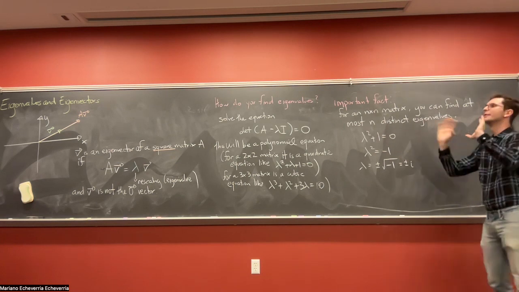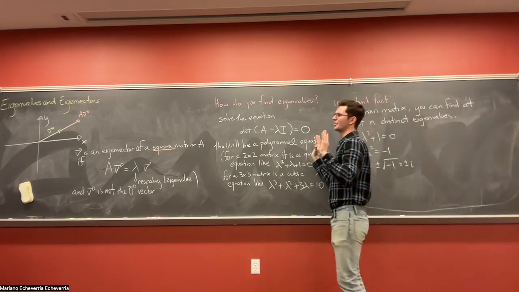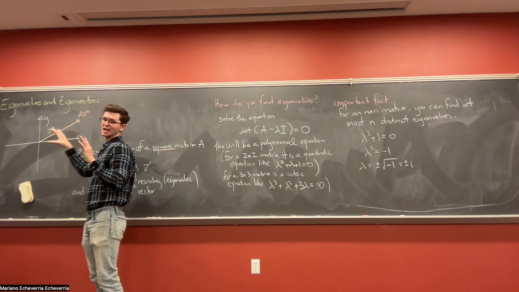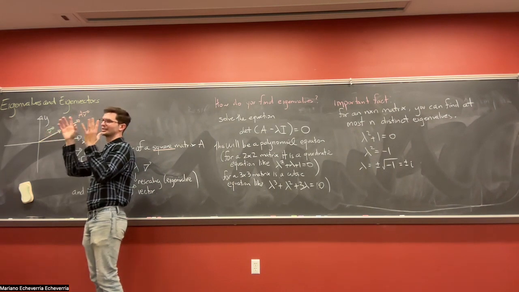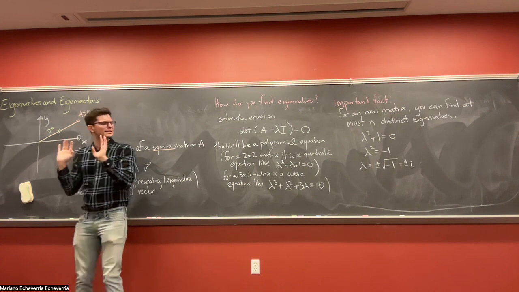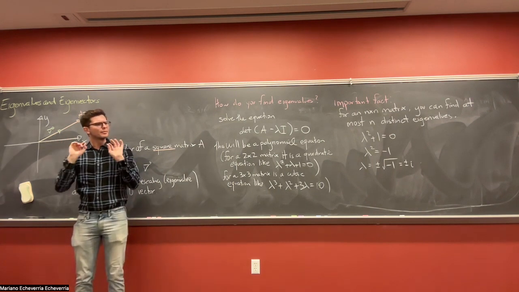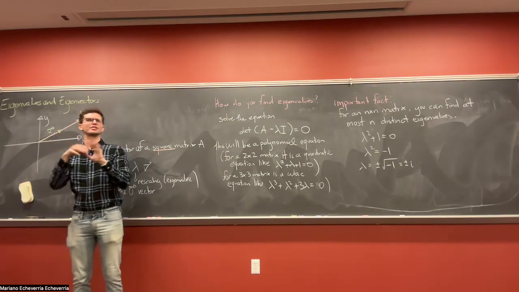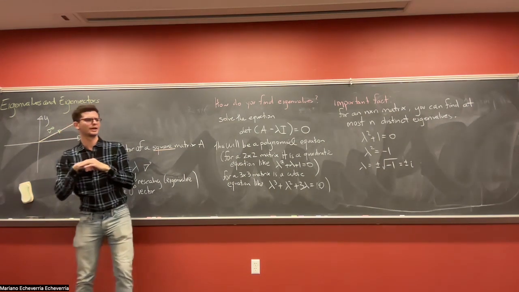The picture won't be 100% accurate when the eigenvalues are complex, because strictly speaking you need more axes to draw it properly. It's a little subtle, but there's some sort of rotation going on. That's one way to think about it.